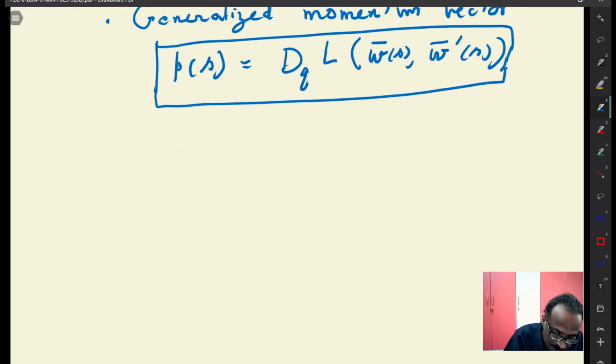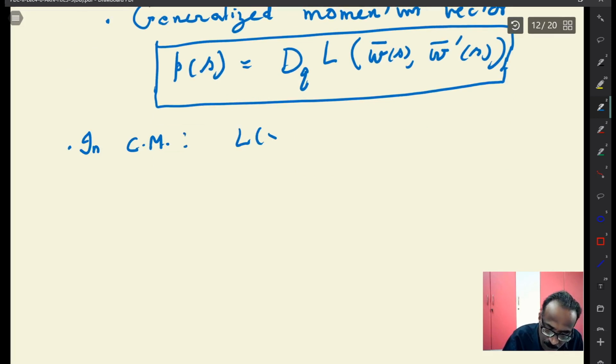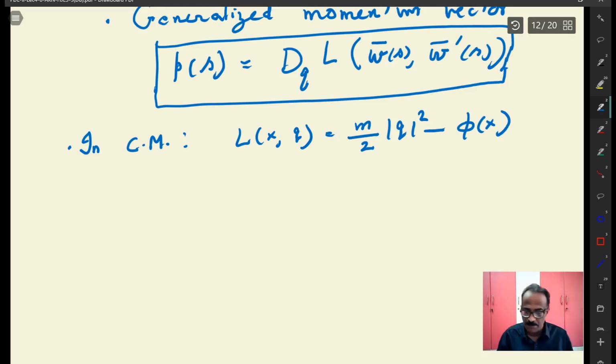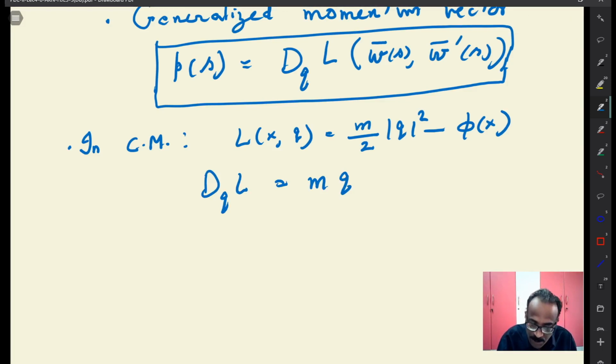Because in classical mechanics, L of X, Q is equal to the kinetic energy minus the potential energy. So what is d_q of L here? d_q of L is nothing but m times q. I told you that q represents the velocity.